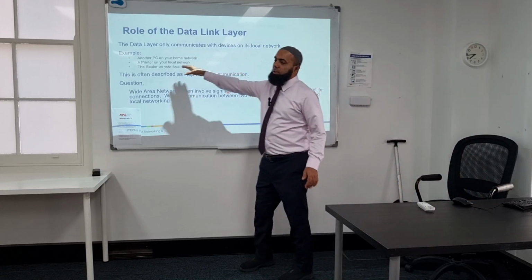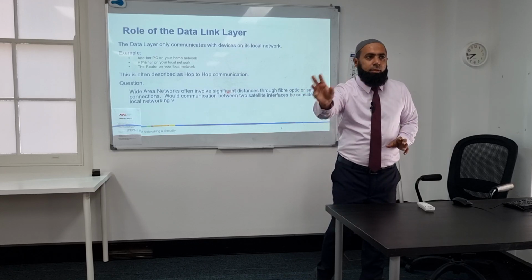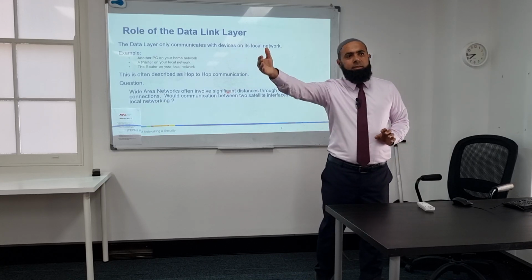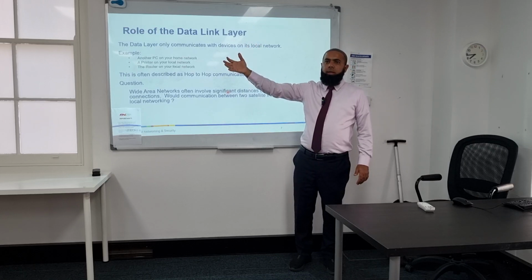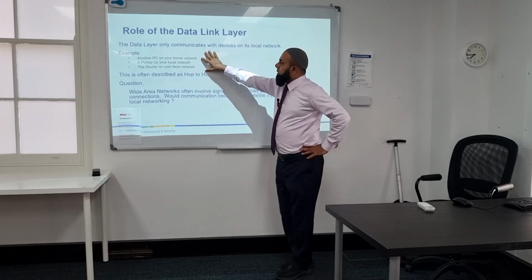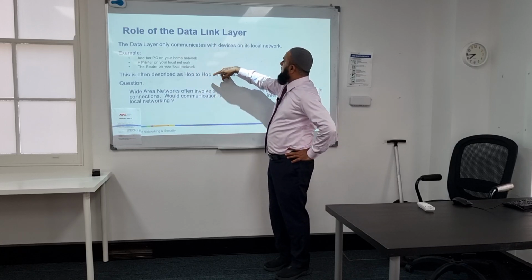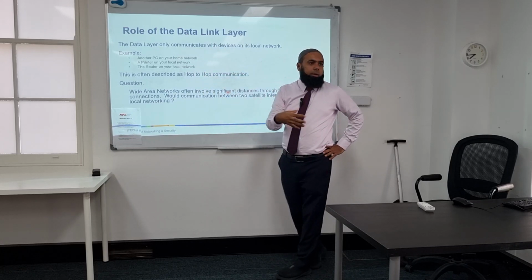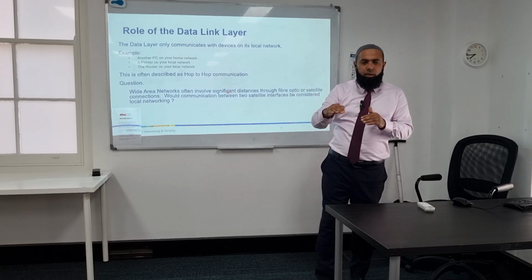For example, on your own PC to the next level, their job is to take the packet to that level, and for the rest, it's another layer level. It has its own responsibility. So another PC on your home network, a printer on your local network, the router on your local network, that's its domain. So the data link layer only works on that level.